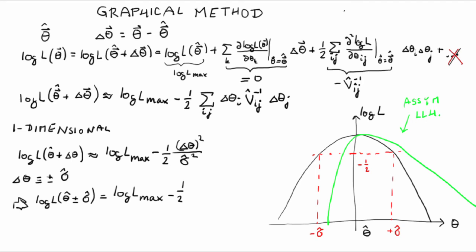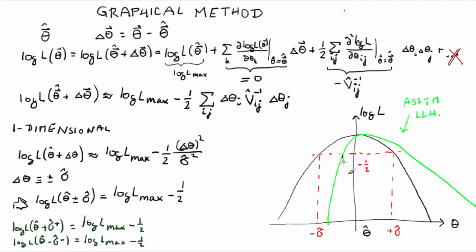Both the probability density function and the likelihood might be asymmetric, and therefore we study the endpoints of the interval separately. log L of theta hat plus sigma hat plus equals log L max minus 1/2, and log L of theta hat minus sigma hat minus equals log L max minus 1/2.